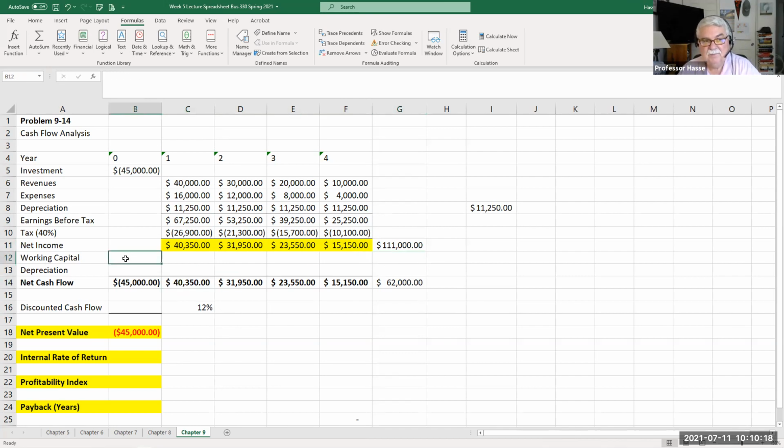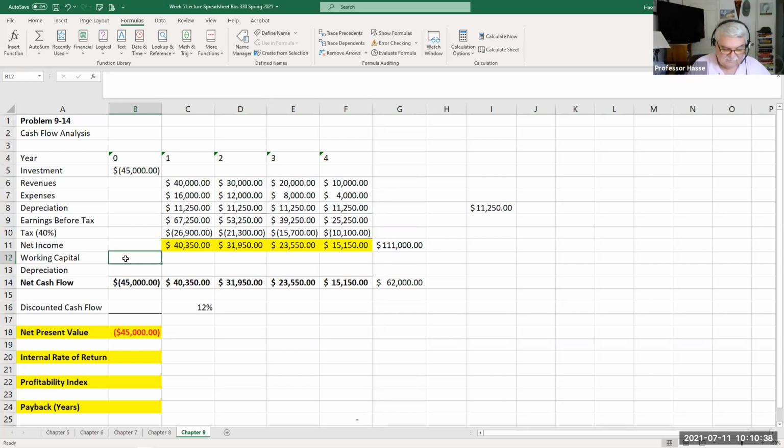It tells us in the problem that there's another type of expense that's incurred in investing in capital. It's called working capital. You have to spend additional cash to get that $45,000 asset up to speed. Inventory, receivables, payables, whatever. And it's always given by a formula.